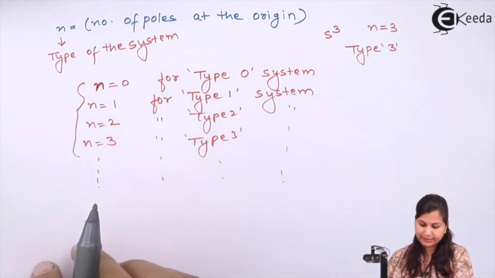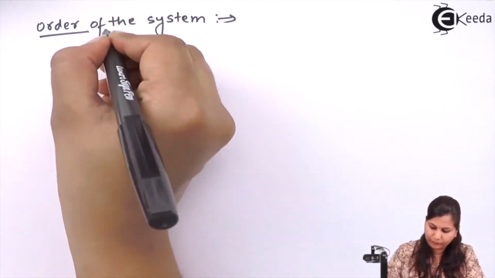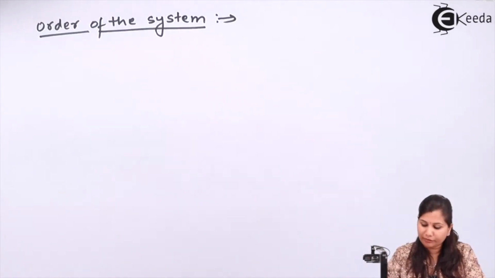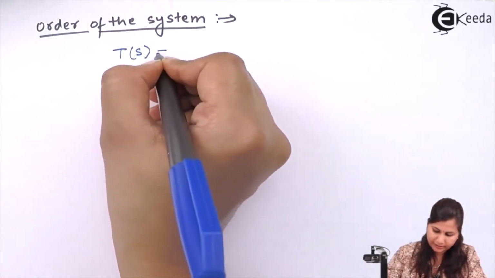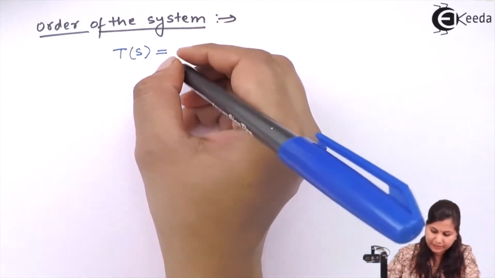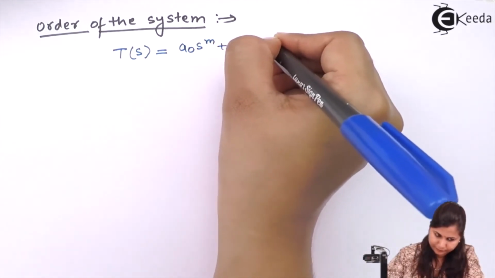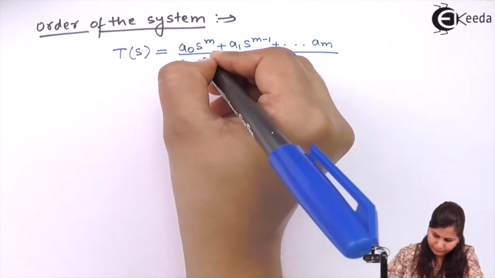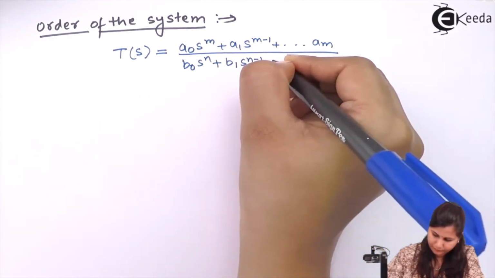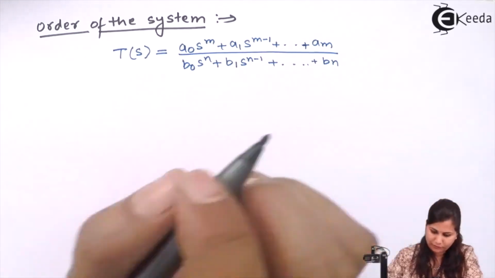Next, let us see what the order of the system is. Earlier we defined the open loop transfer function. Now let us see the closed loop transfer function. This is T(s), the closed loop transfer function, which we can represent in the form of equations.